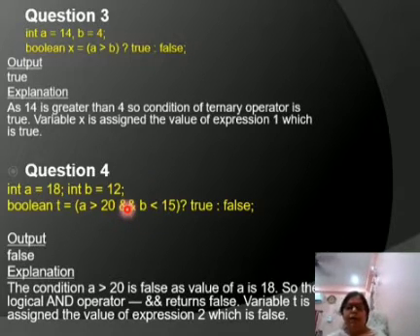In the previous slide, if you revise, you will see that this is your AND operator in which both conditions should be true. In this condition, b is less than 15, but a is not greater than 20. So the answer will be false. It will not be true, because both the conditions should be true.